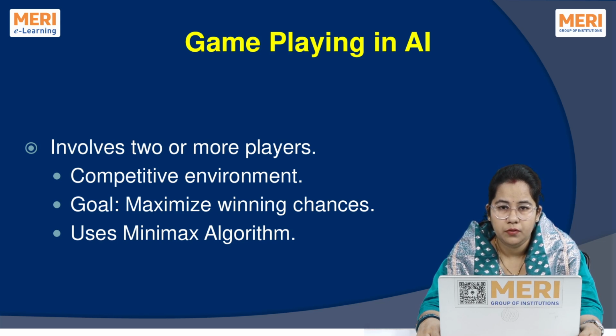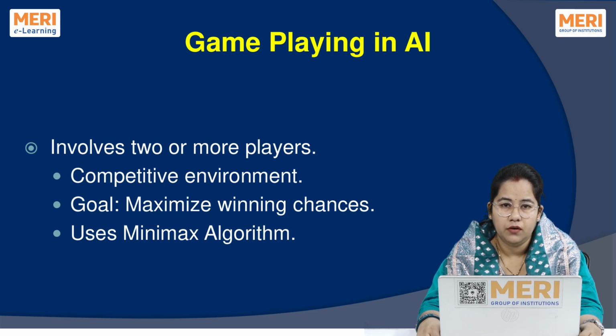Game playing problems are different from simple search problems because the outcome depends on the actions of both players. Therefore, an AI system must anticipate the opponent's moves and make decisions accordingly. This requires adversarial search techniques such as the minimax algorithm.